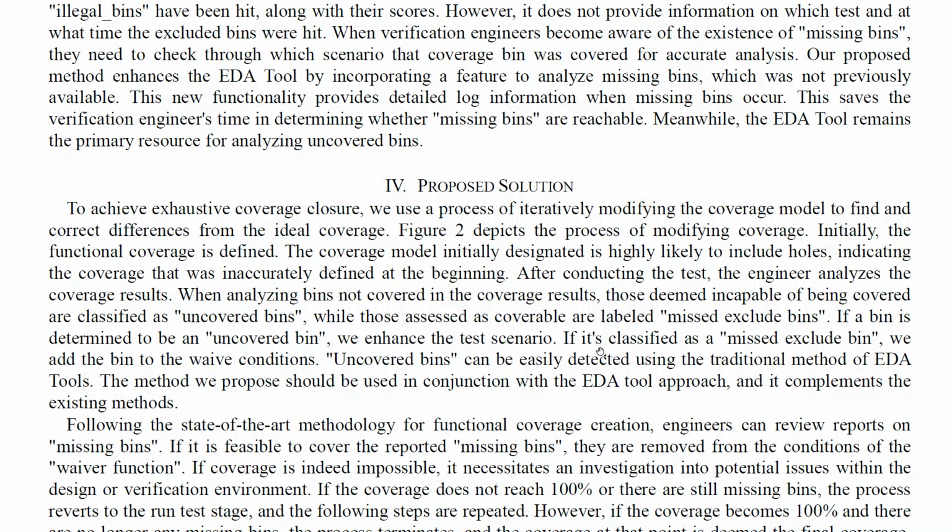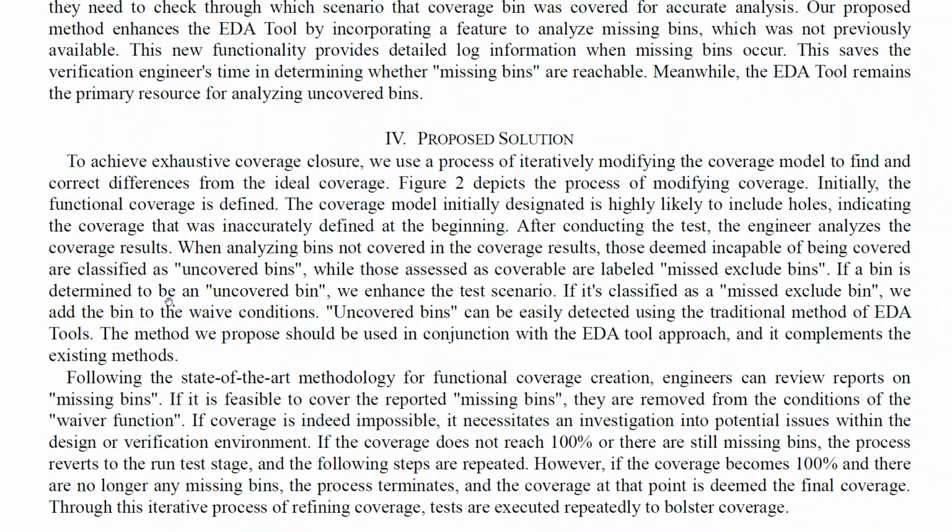If it's classified as a missed excluded bin, we add the bin to the waiver conditions. So the uncovered bins can be easily detected using the traditional method of EDA tools. The method we propose should be used in conjunction with EDA tool approach, and it complements the existing methods.